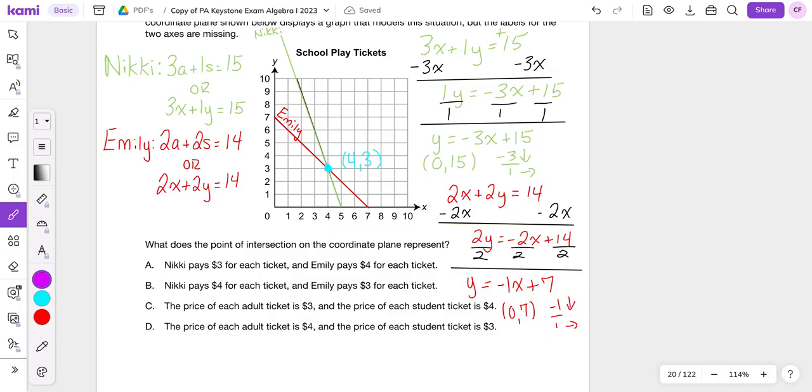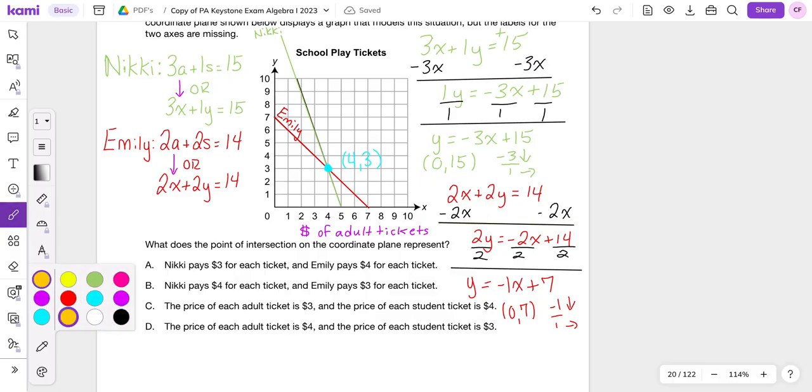Notice from the left side of the problem, our a's were our x's. Therefore, the a's here, or the x-axis, is going to be the cost of adult tickets. And this makes sense because the problem told us the number of tickets, but it never said the cost.